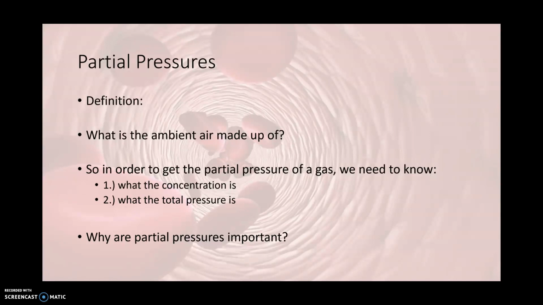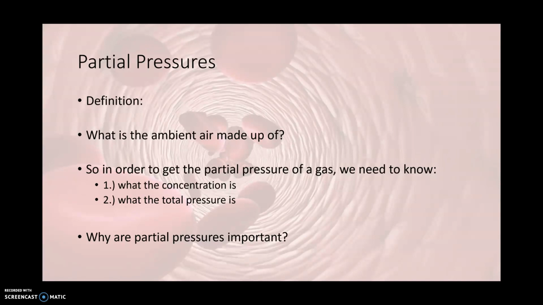So with 20.93% of 760 millimeters of mercury, the partial pressure for O2 would be 0.2093 times 760, which equals 159.068. Right, that makes sense. 760 is the pressure at sea level.